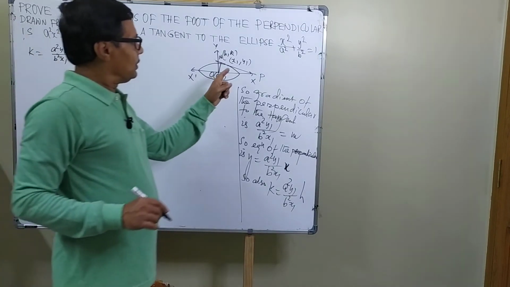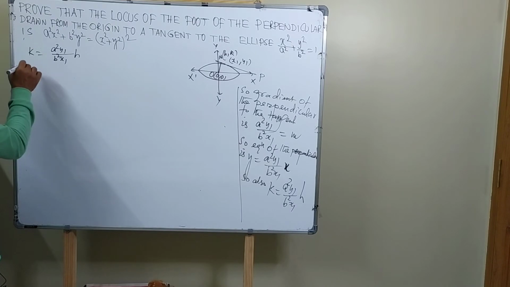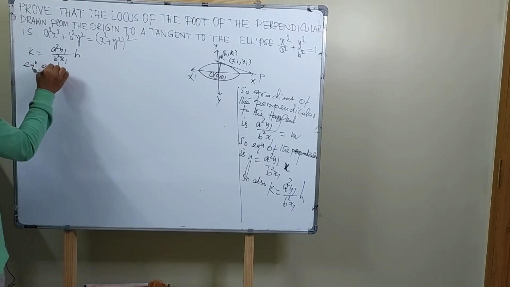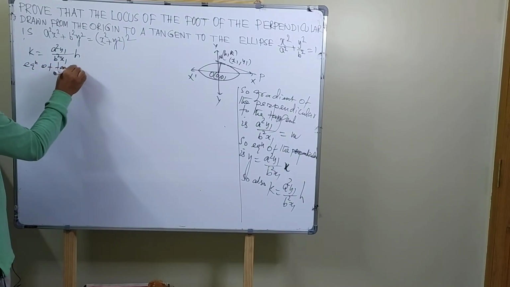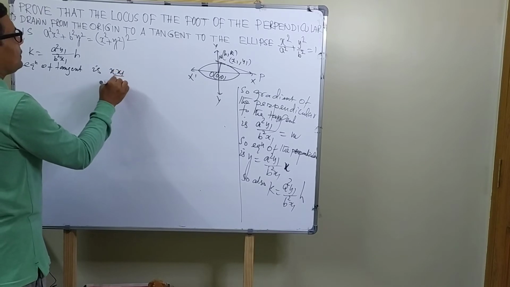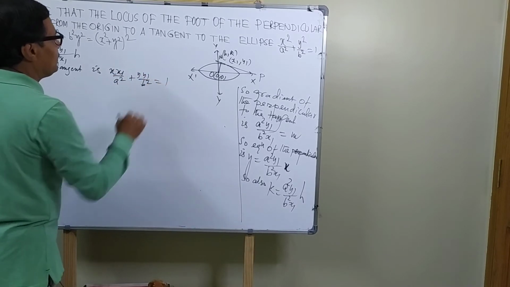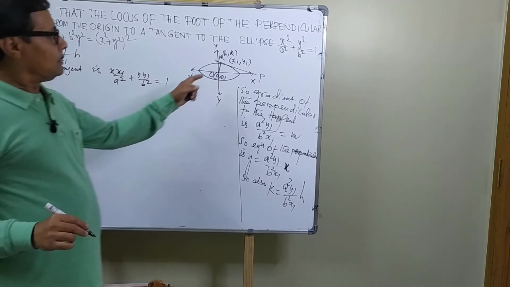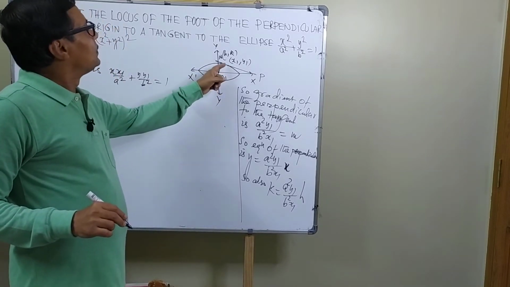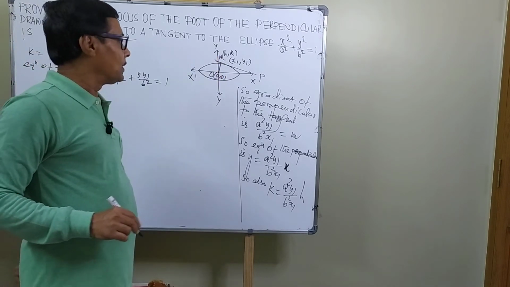Now the equation of tangent, we have already got the equation of tangent. Equation of tangent is x x1 over a square plus y y1 over b square equal to 1. This tangent also passes through the point n, that is the foot of the perpendicular.